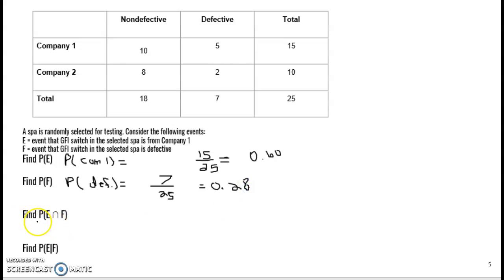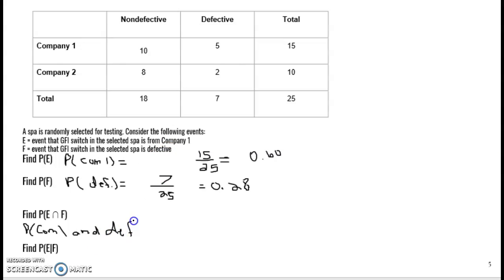Now, I'm going to try to look at my table here too. We're going to make a generalized statement about the formula for conditional probability. So let's just look from the table again because it's sometimes easier to see. I'm finding the probability that the GFI switch is from company 1 and it is defective.